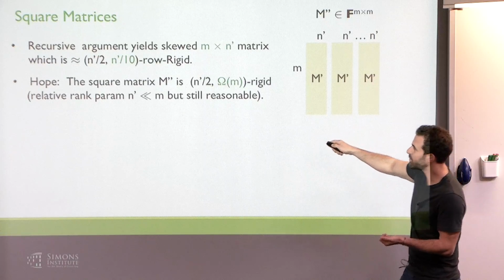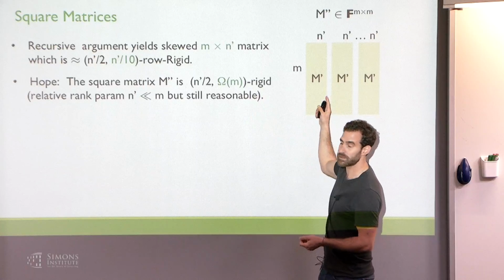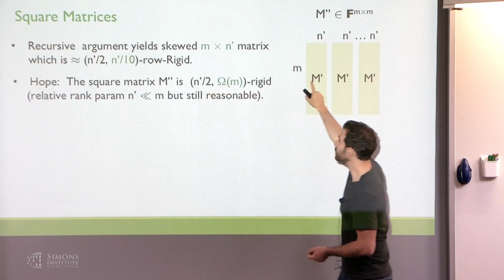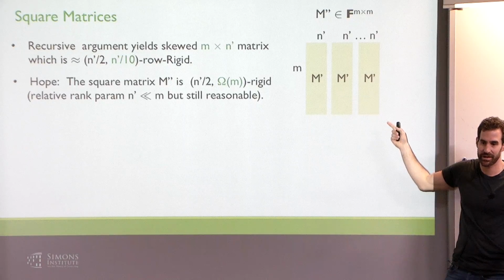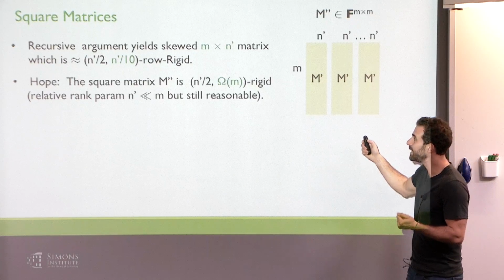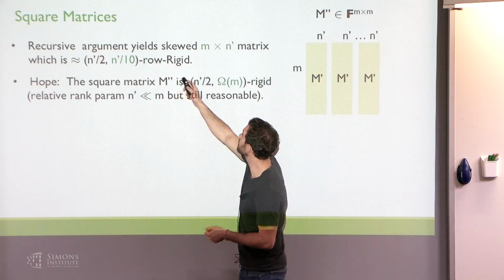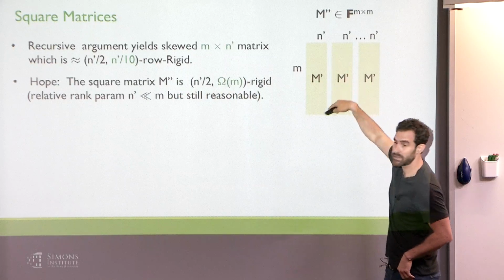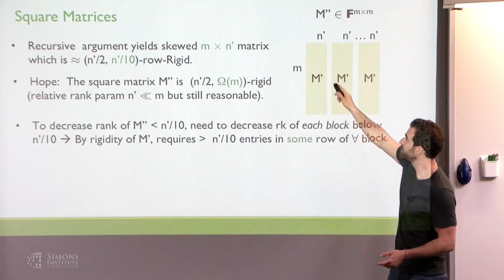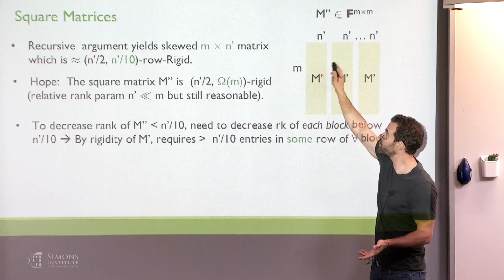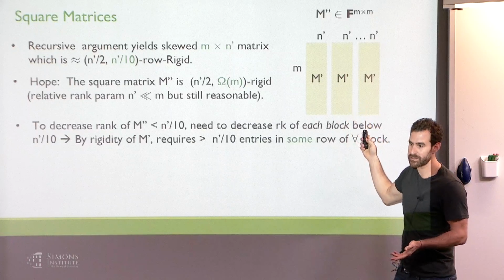And the explanation is simple, right? If you want to decrease the overall rank below N prime over 2, then you need to decrease the rank of each block below N over 2, right? There's no other way. And the rigidity of the original matrix, M prime, tells you that you need to modify almost all the entries in some row here, right?